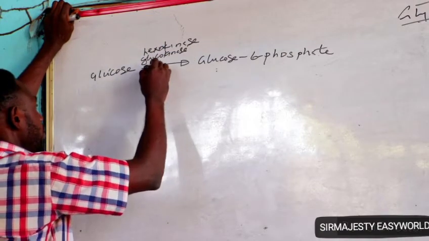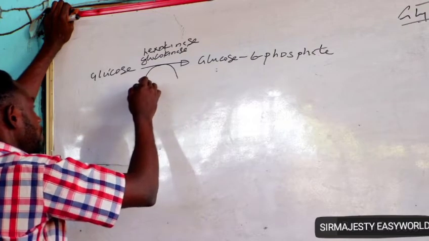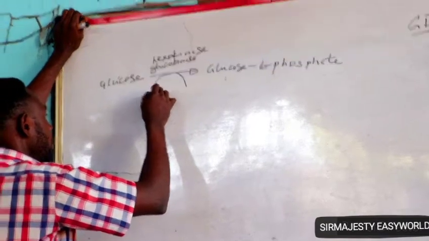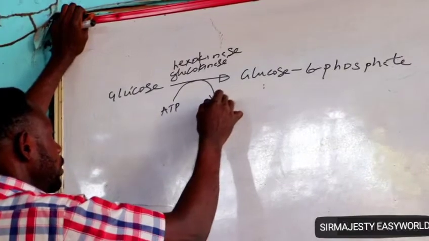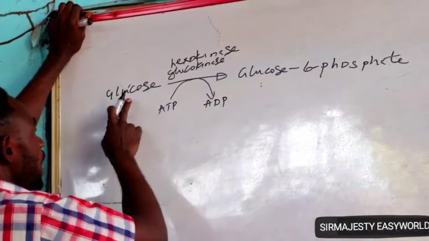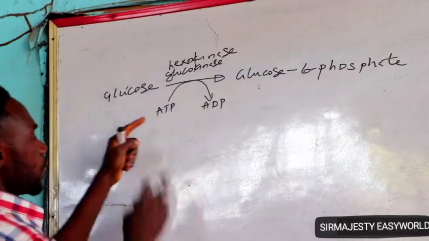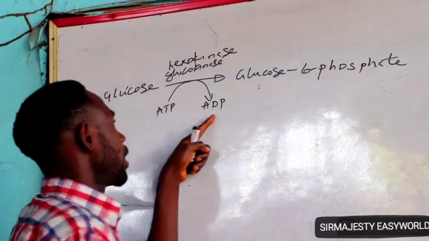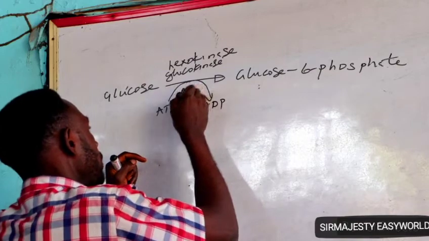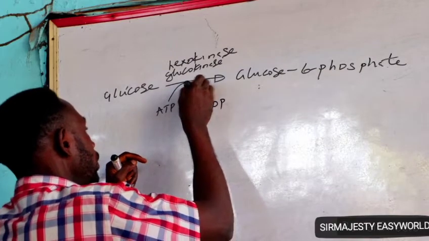In this case, there is hydrolysis of 1 molecule of ATP to ADP. That means you add a phosphate group to glucose. The source of the phosphate group here is the ATP. And what is present here is magnesium ion.